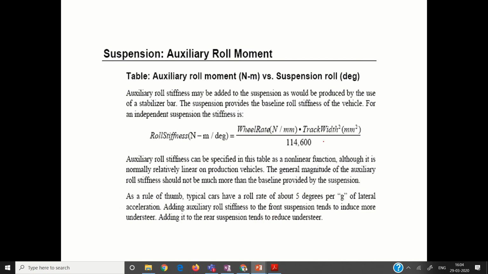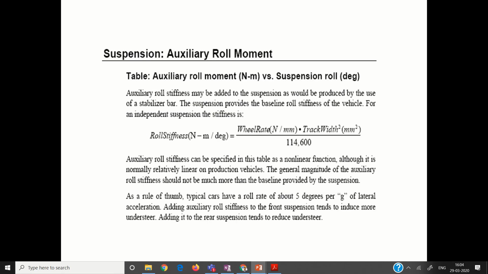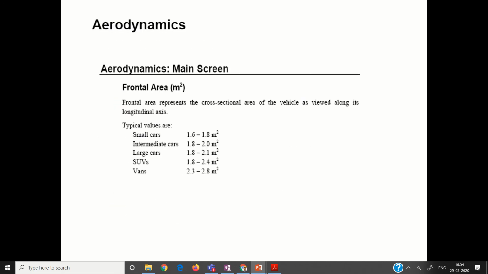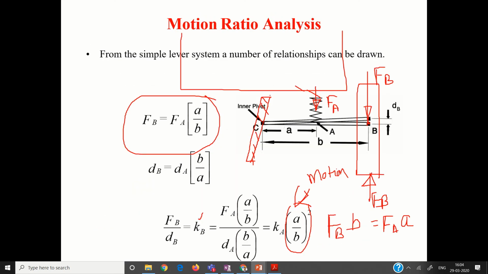These are some of the approximate equations available for fixing the values to get better performance. So that is about the excitation source and response of the vehicle in the vertical direction.